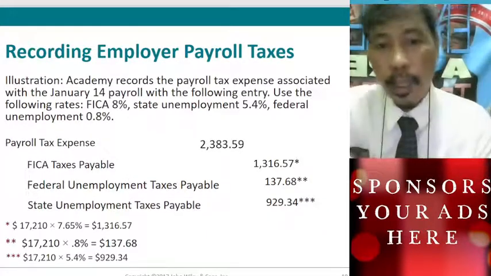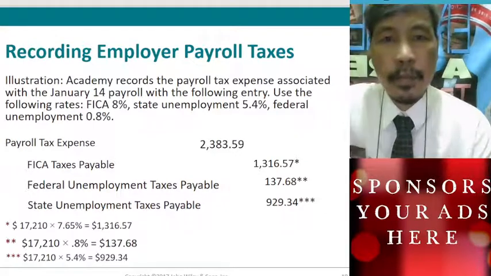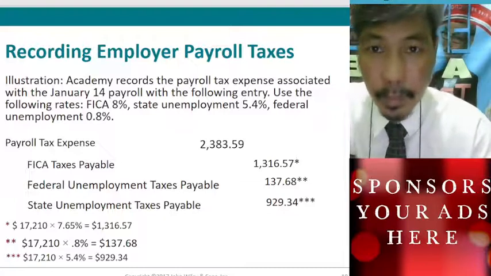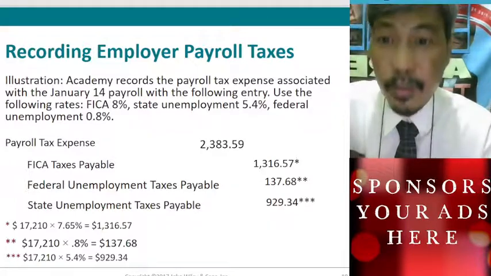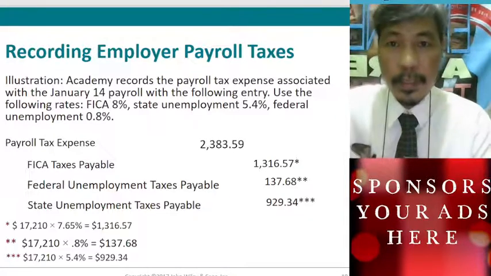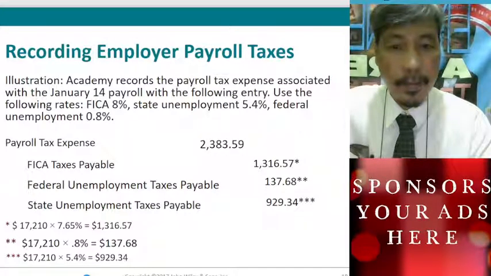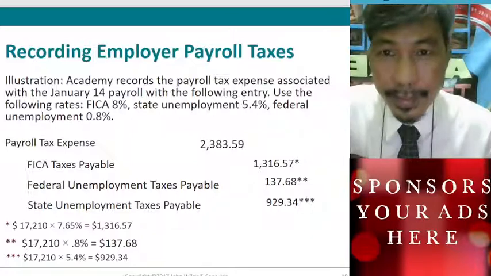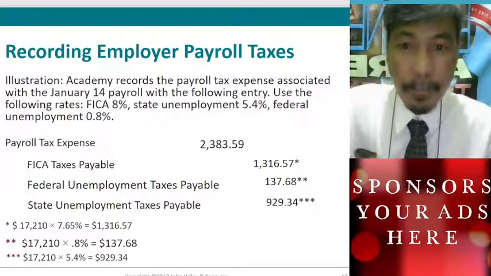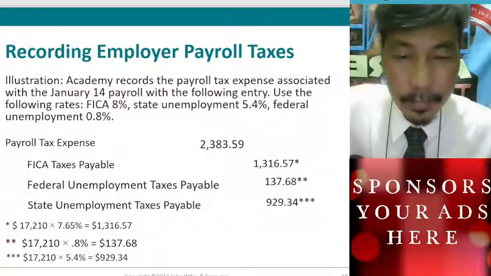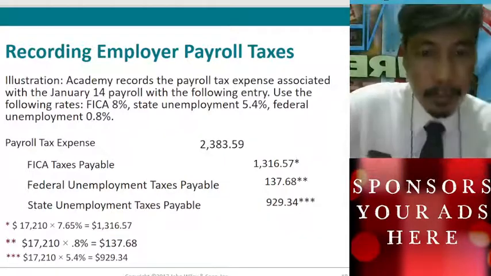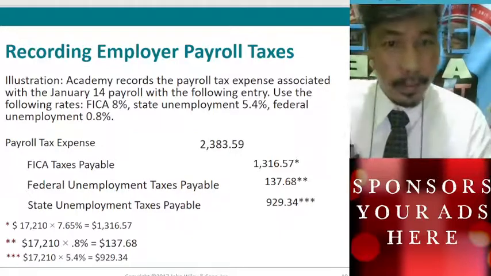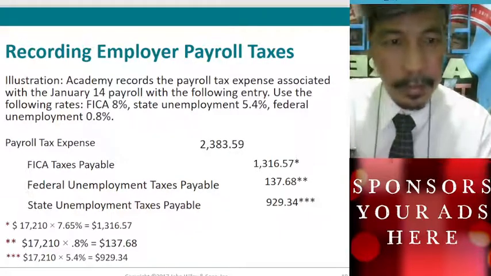So that is state unemployment tax. Somebody made a typographical error because of copy paste. That is usually the error of the high technology age, forgetting about editing. So FICA is 7.65, then federal and state tax is 6.2.